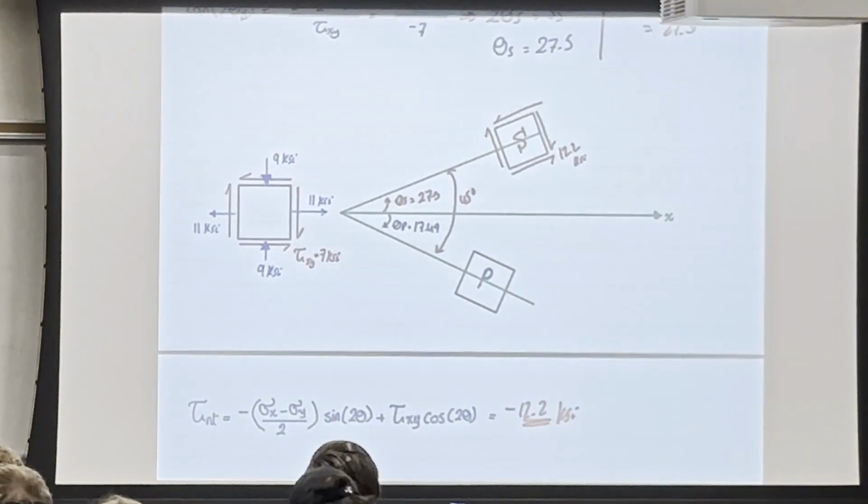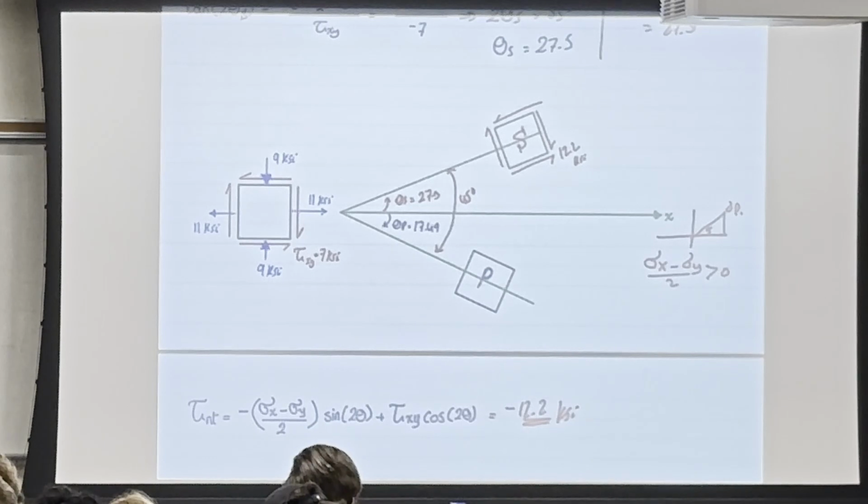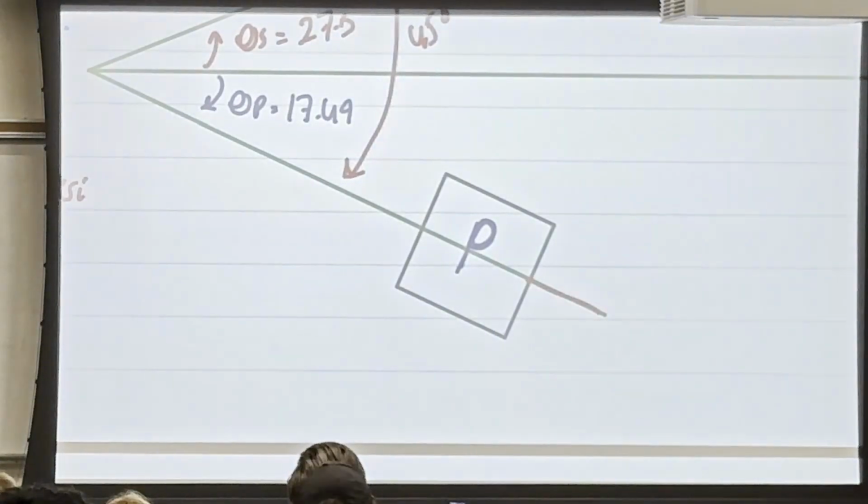Remember when I told you that if sigma x minus sigma y over 2 was greater than 0, that's when we are in this part of the triangle, which is here theta p1, sigma p1. So if you substitute in this equation, sigma x minus sigma y over 2, and you got positive, and here we got positive 10, which means the theta p that we calculated is from x to theta p1, sigma p1.